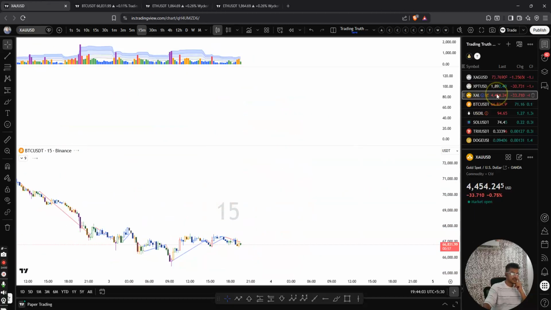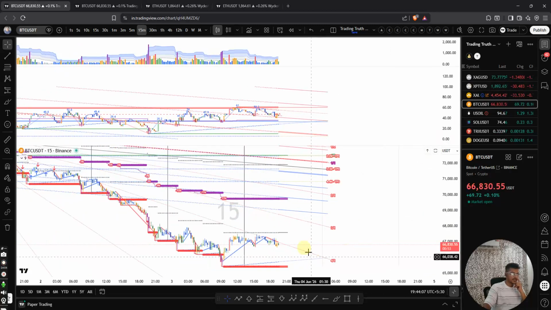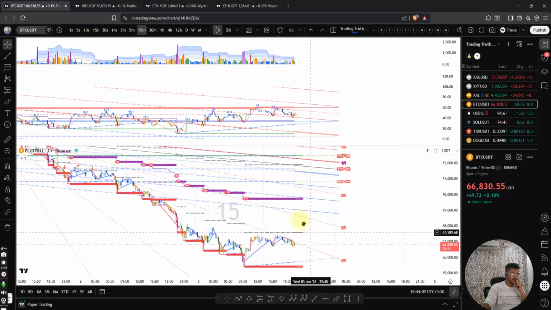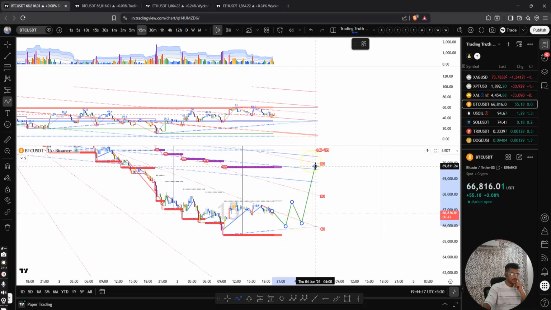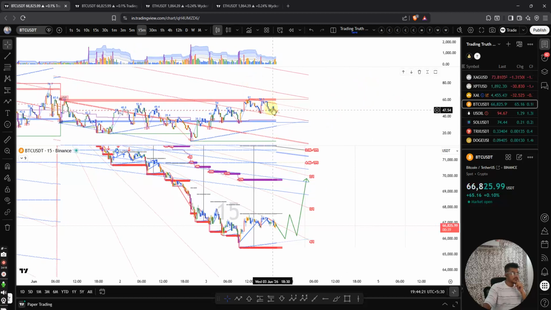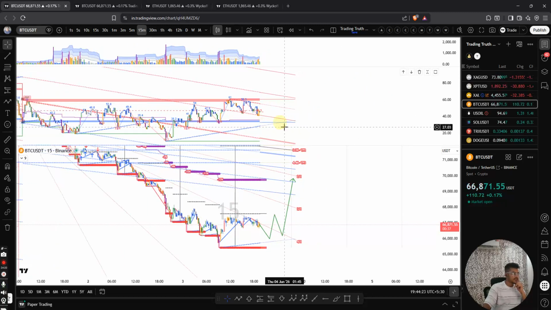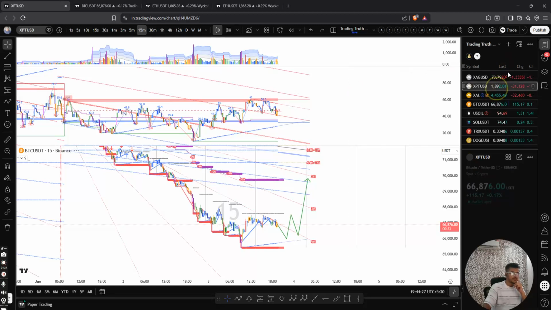We took a short trade there, right? XAU is going good. Bitcoin needs to break this resistance, which is 4 by 1. As soon as it breaks, we can take a long trade there. And RSI will actually give us support there, so we don't need to worry about that.